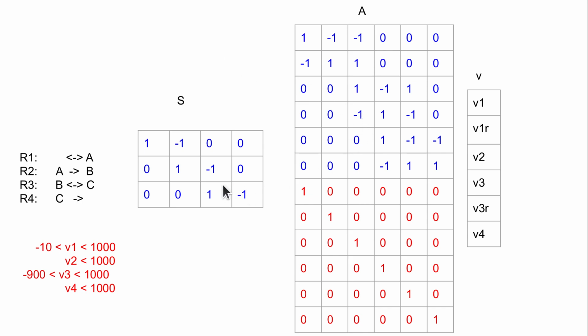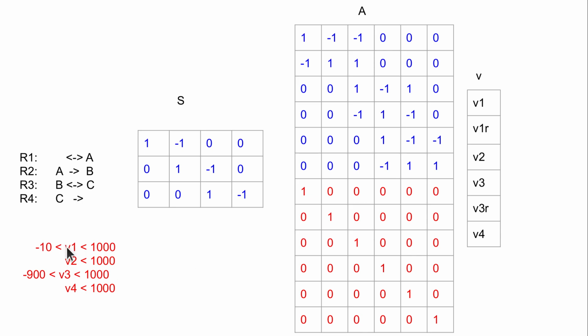But that is pretty straightforward. We can do that by just adding an identity matrix here, and then for each reaction, since we already have the implied constraint that these fluxes all have to be positive, we only have to set an upper bound on each.